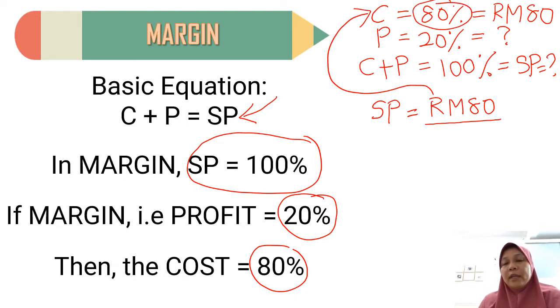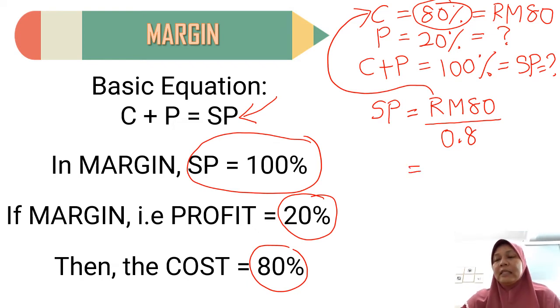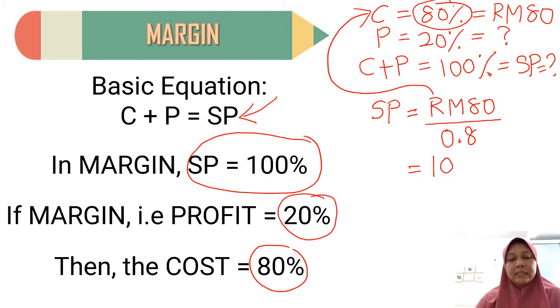So we divide by 80%, or we write it as 0.8. This would give us 100 ringgit. So this is our selling price, RM 100.